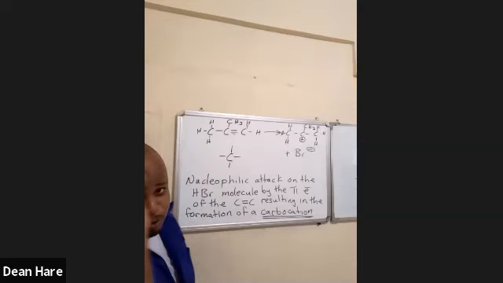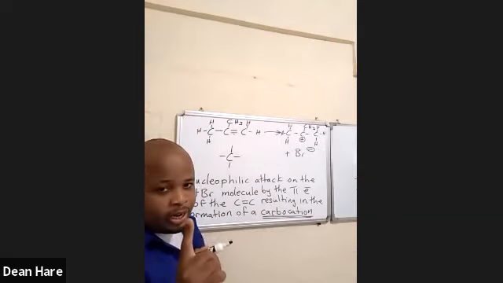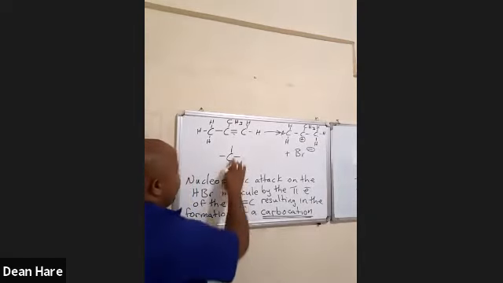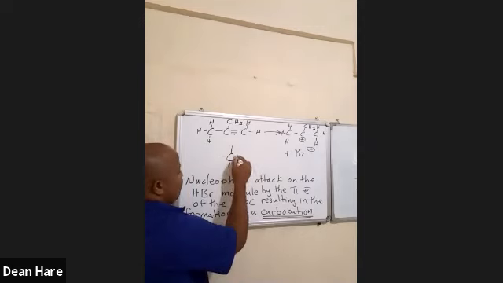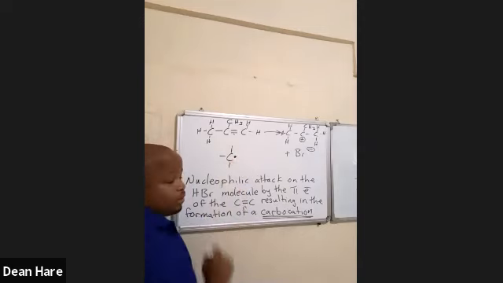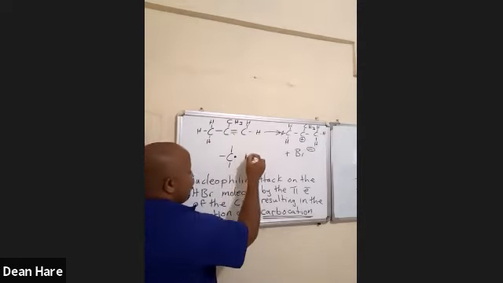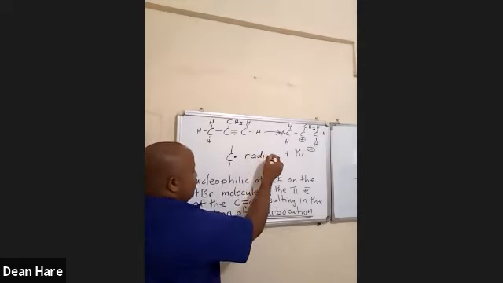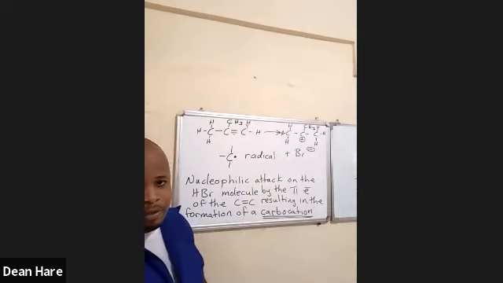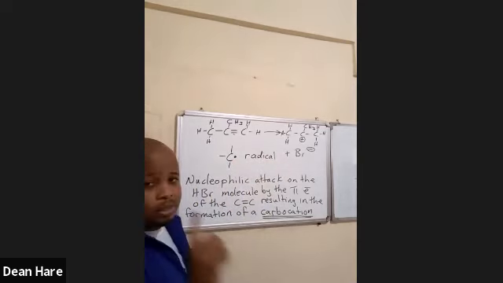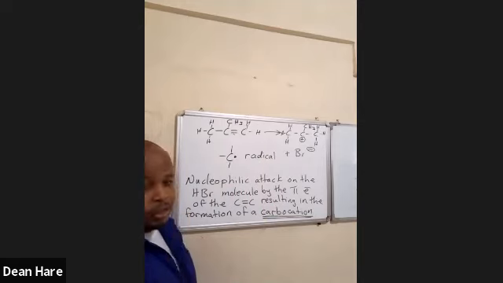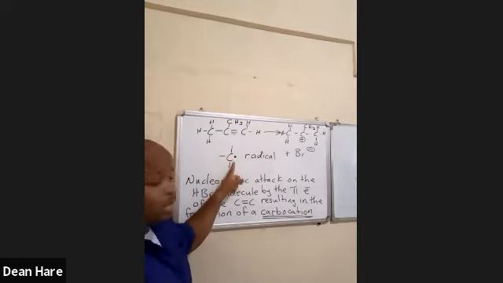If a carbon atom loses 1 electron, it will have an unpaired electron. If it has an unpaired electron, it is a radical.